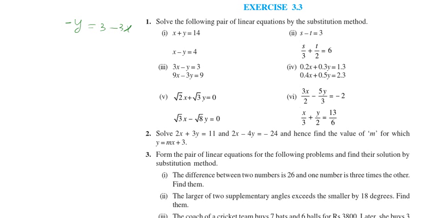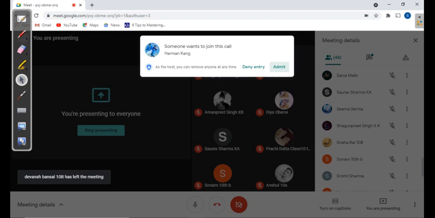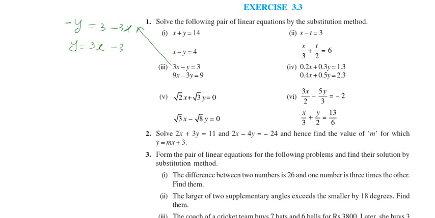What I'm doing, I'm taking this one and trying to find the value of y. 3x is shifted to that side, and because this is minus, I have to change all the signs to make the variable positive. So you can see I have changed the sign and made the variable positive. Okay, so this is our one value, that is the value of y.